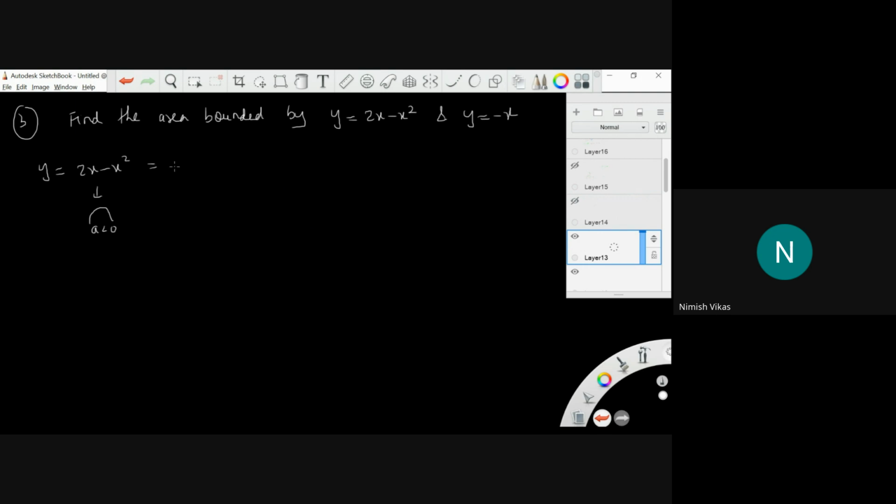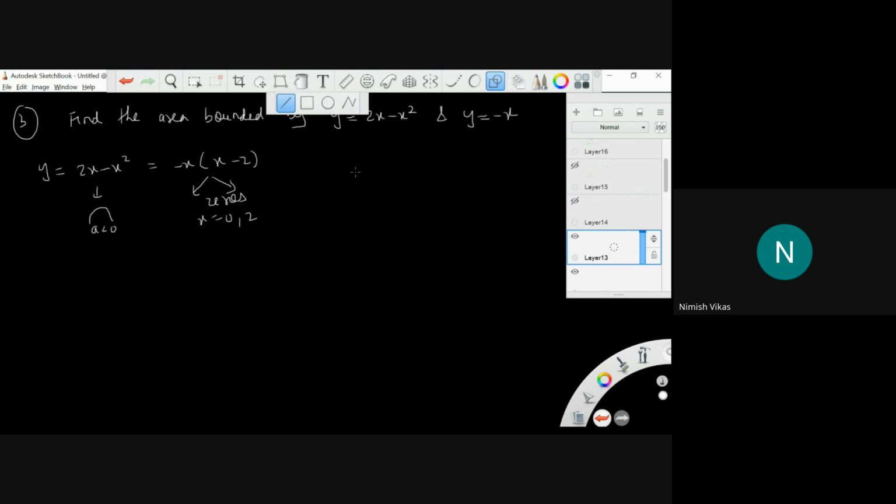So if we take minus x common outside, we have x minus 2. So here the parabola has two zeros, x is equal to 0 and 2. At 0 and 2, it's becoming 0.